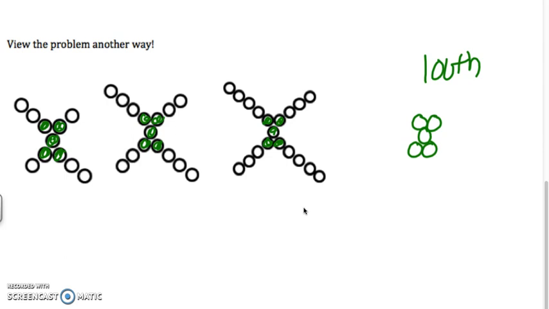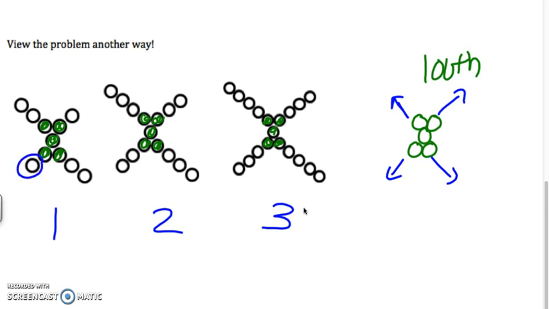Now I need to look at some groups again to figure out how many pieces are coming off. I know I have pieces going in each diagonal. I just need to see how many. So again, this is the first one, the second one, and the third one. I'm going to look at this one little leg down here. There was 1 circle in the first one. There were 2 circles in the second one. There are 3 circles in the third one.